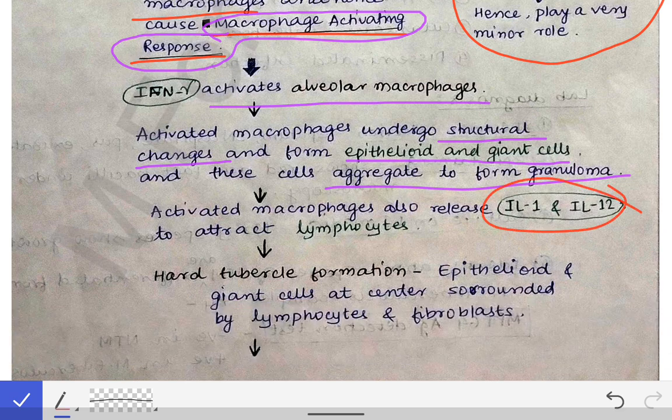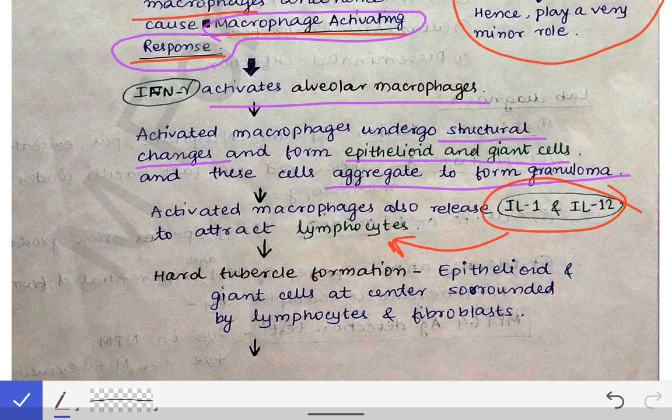Now this interleukin 1 and interleukin 12 attract the lymphocytes. That's why we see that in the granuloma, at the central part there are the giant cells and the epithelioid cells, then surrounding that are the lymphocytes, and surrounding that are the fibroblast cells.